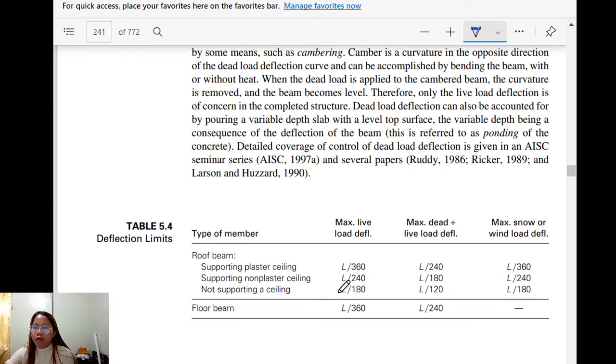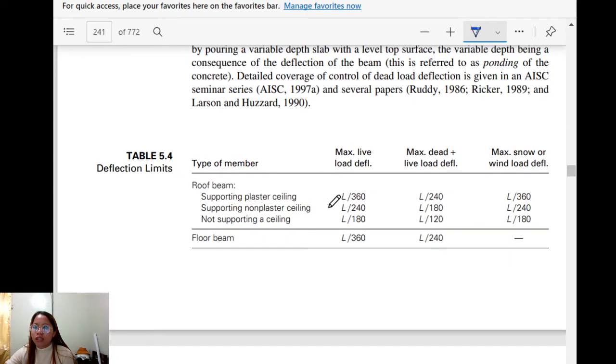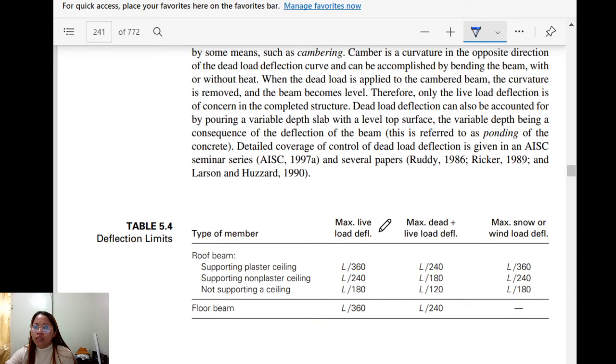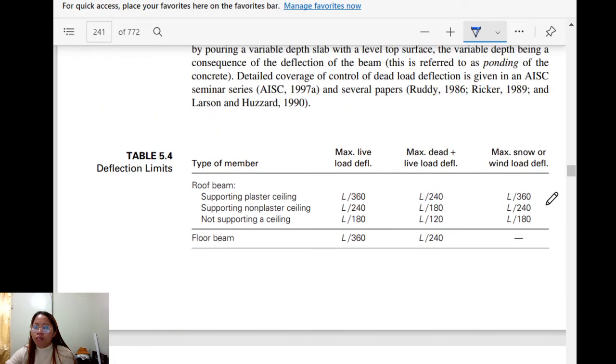We have this table now for the deflection limits. So for the maximum live load deflection of the roof beam supporting plaster ceiling, that is L over 360, supporting non-plaster ceiling L over 240, and not supporting a ceiling L over 184, floor beam is L over 360.